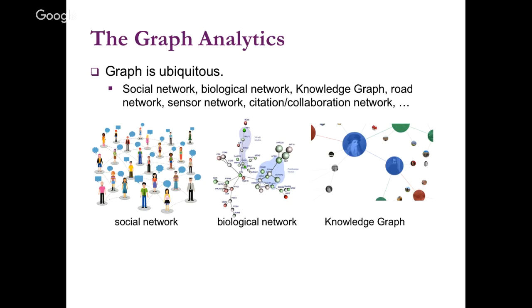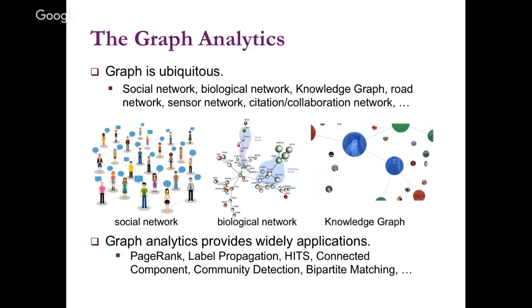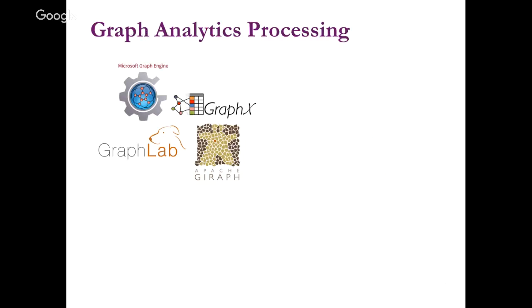Since graph is a popular data model for interrelated data such as social networks, biological networks, and knowledge graphs, a lot of graph analytic algorithms have been proposed for wide applications. And there are many specialized graph processing systems which have been proposed recently.